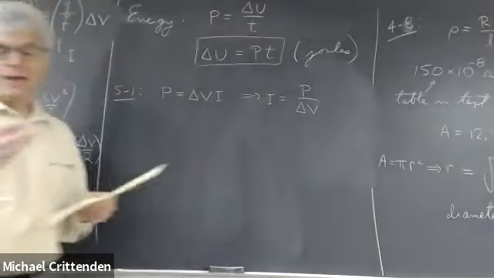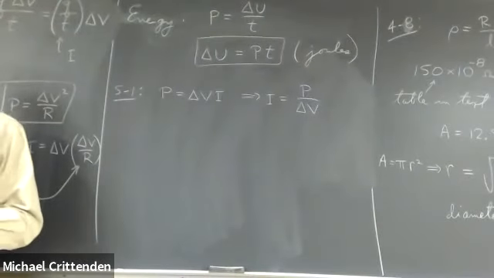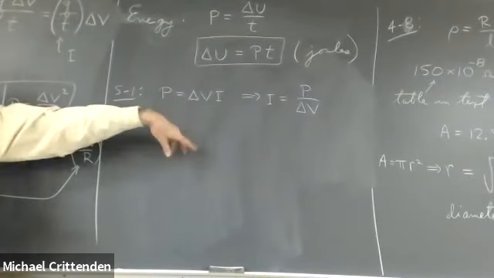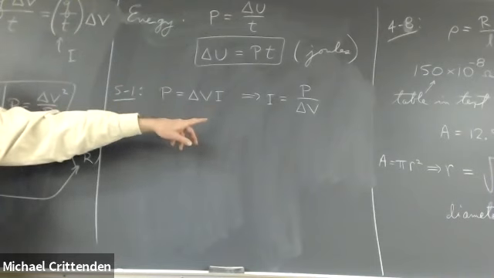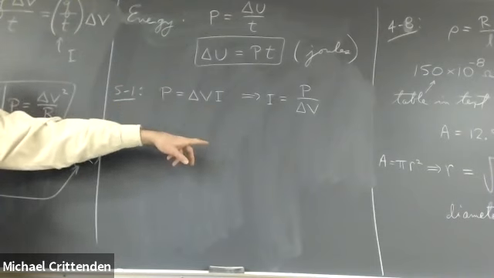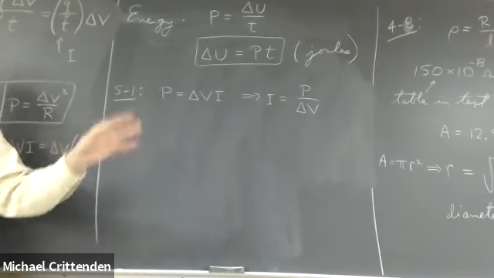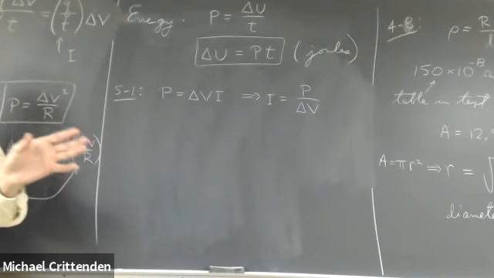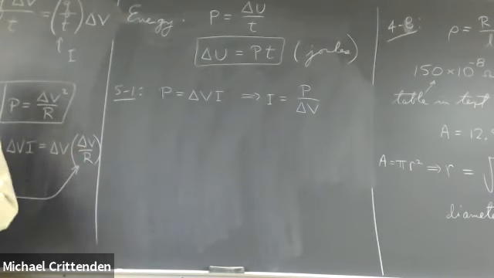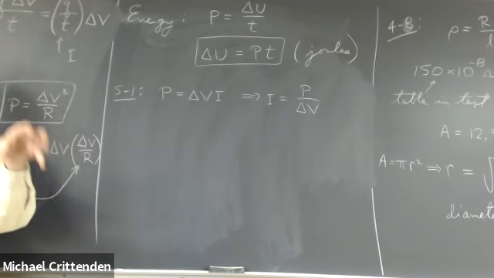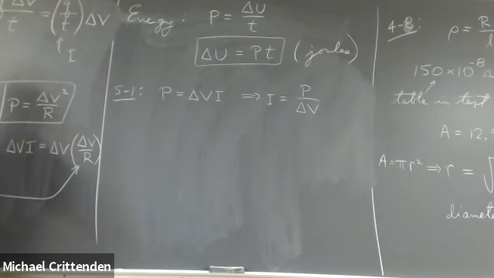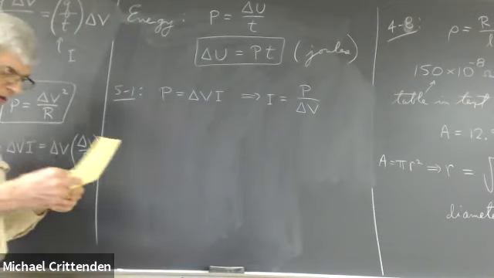Well, the way to answer this question is to figure out how many amps each one of these things has going through it. Items on the same household circuit are in parallel with each other. In parallel, I total equals I1 plus I2 plus I3, so the total current going through the circuit breaker equals the current going through the toaster plus the current going through the hair dryer.